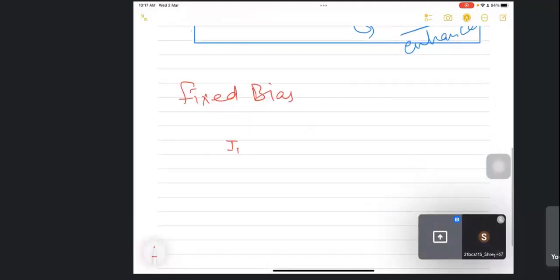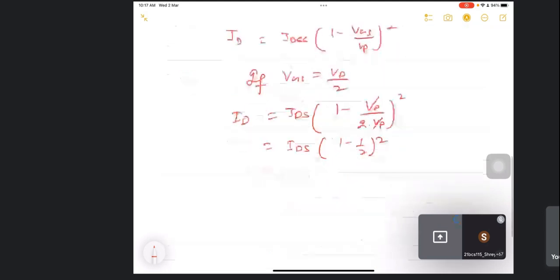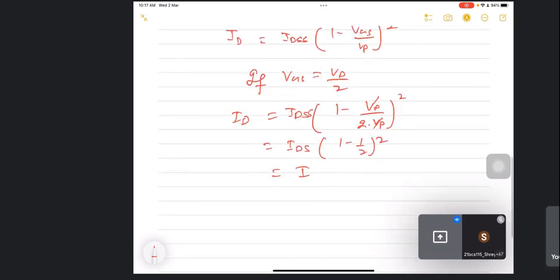ID is equal to IDSS times (1 minus VGS by VP) whole square. If VGS is equal to VP by 2, then it is 1 minus 1 by 2, squared, that is IDSS by 4.